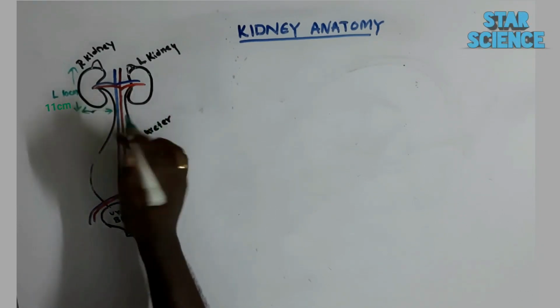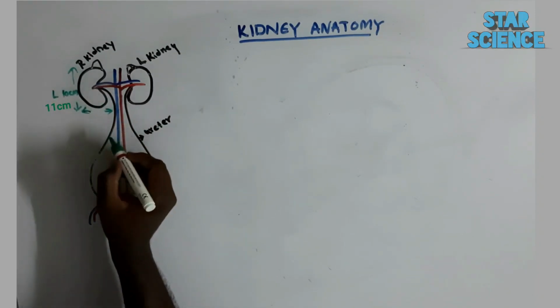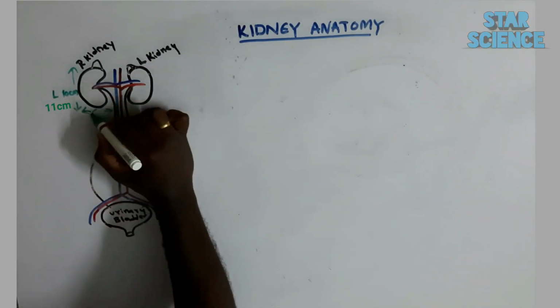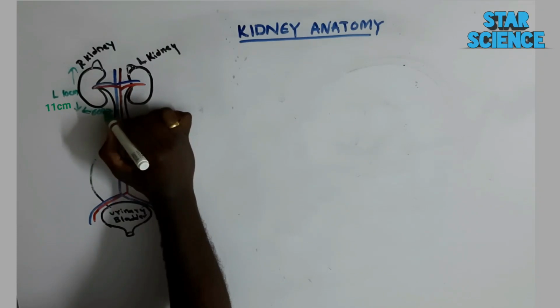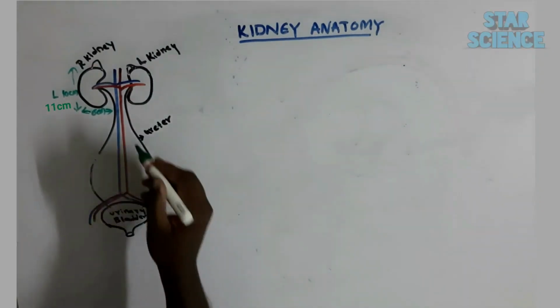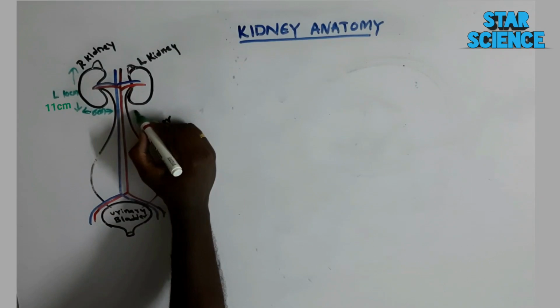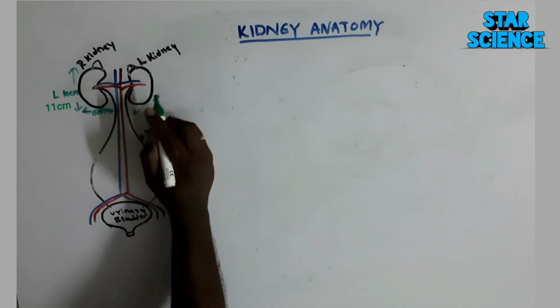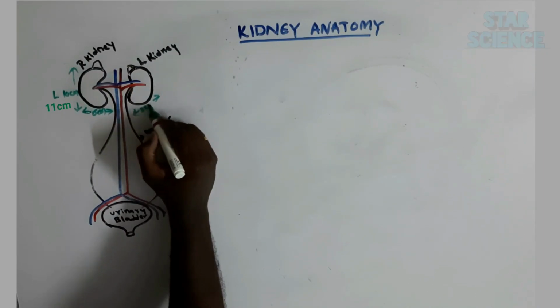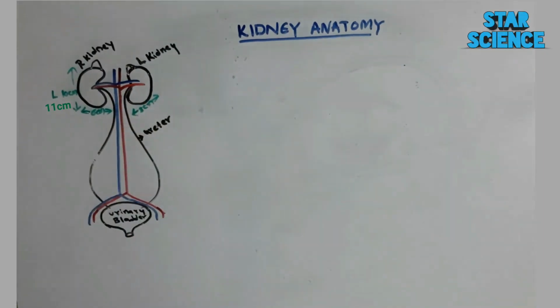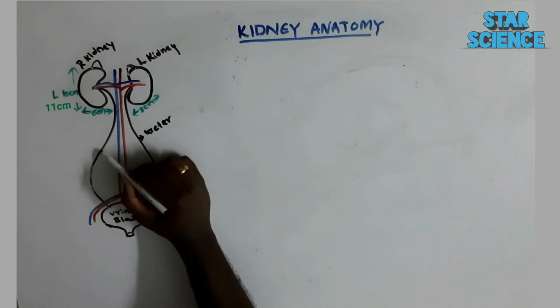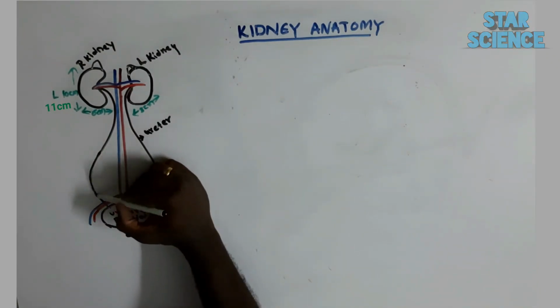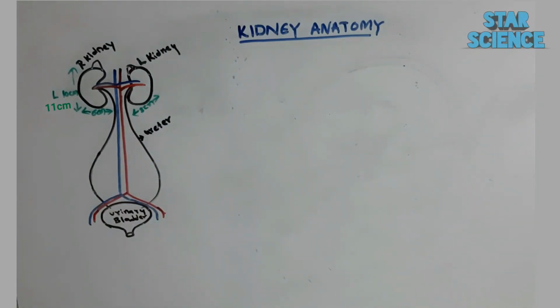The breadth of the kidney is 6 centimeters, and the thickness is around 3 centimeters. The exact weight of the kidneys is most probably 130 to 170 grams. The left is higher than the right kidney.